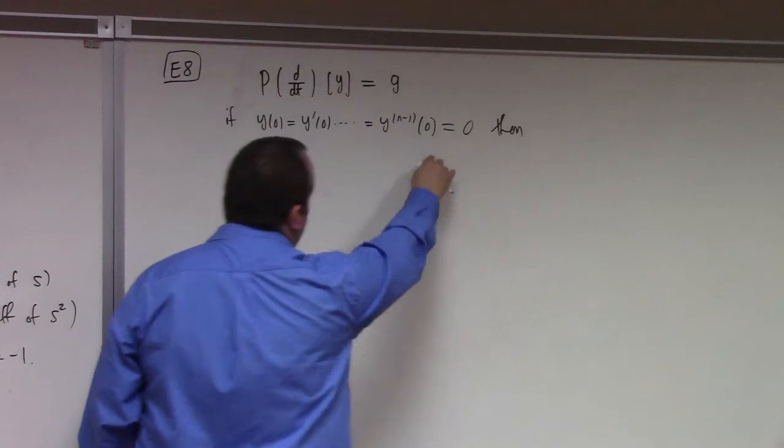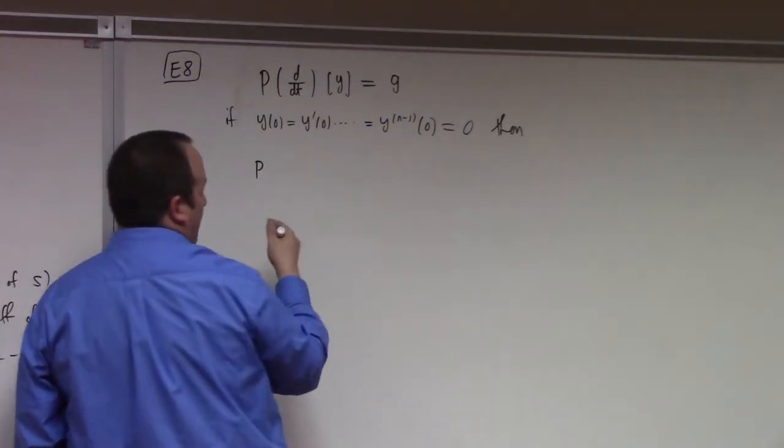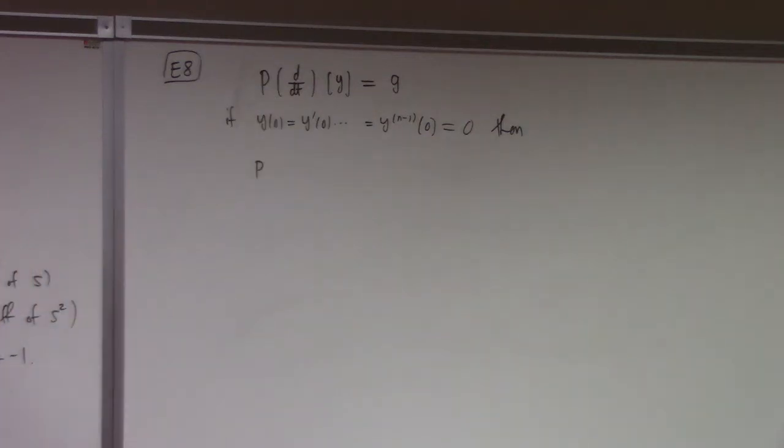But if these are all zeros and we take the Laplace transform, what do we get? We just get the polynomial, instead of being in terms of derivatives, in terms of s. Like we started with d cubed plus d acting on y equals g, and the Laplace transform changes the d's to s's.